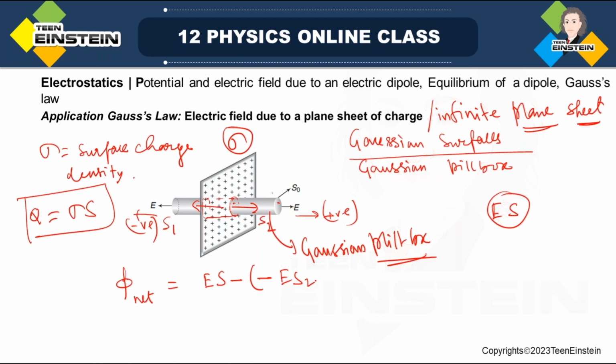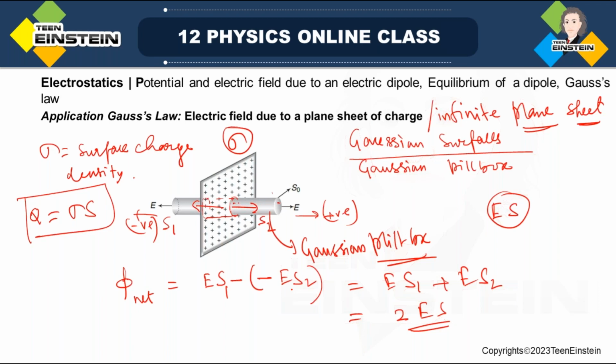Since it is moving in opposite directions, we get ES1 plus ES2, and since the Gaussian pillbox has the same area on both sides, I can write 2ES. This is the total or net flux enclosed by this Gaussian surface.